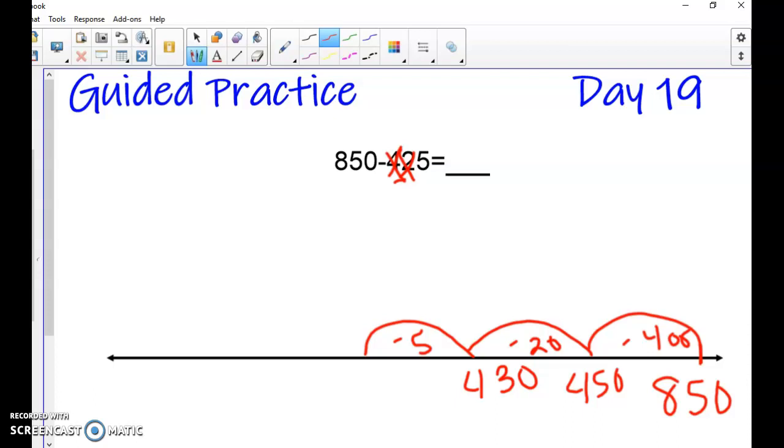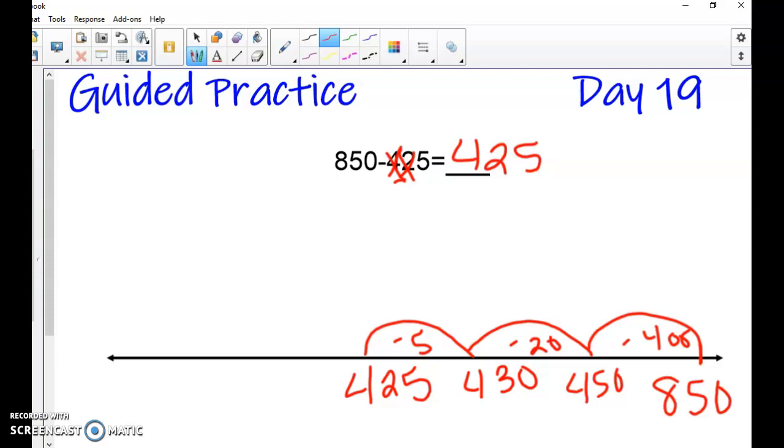So if 30 minus 5 is 25, then 430 minus 5 must be equal to 425. So 850 minus 425 is equal to 425. Make sure you double check my work too by using your place value blocks.